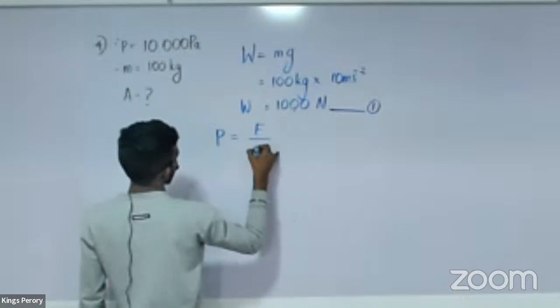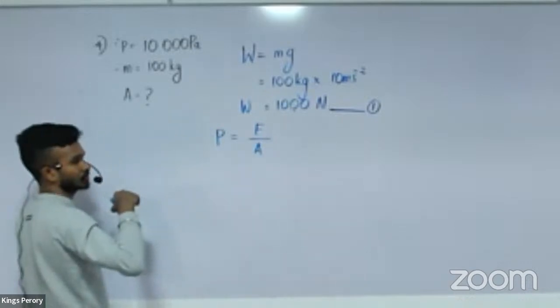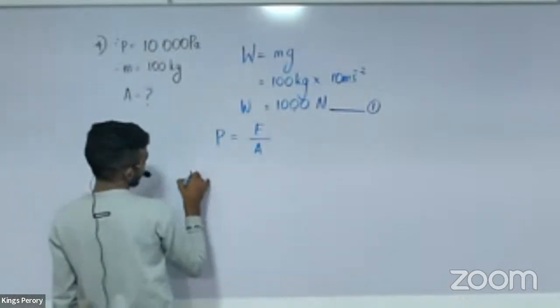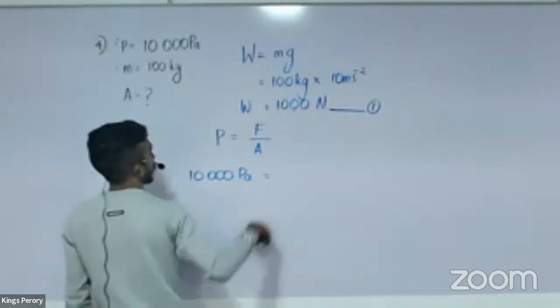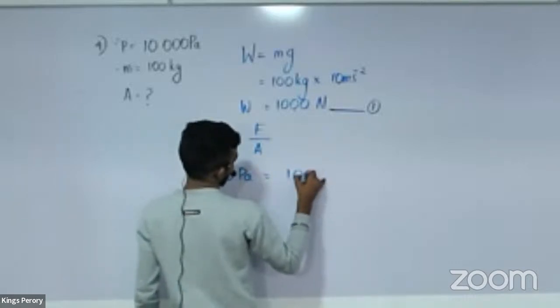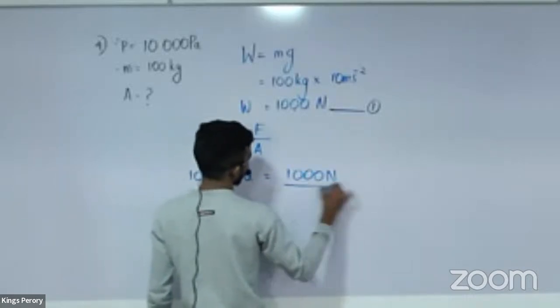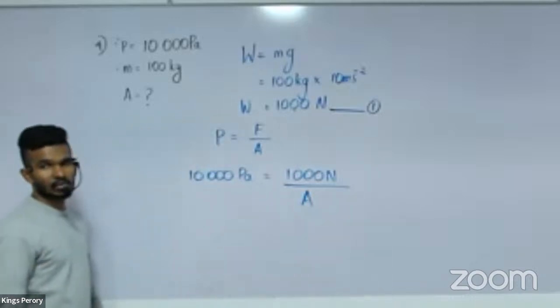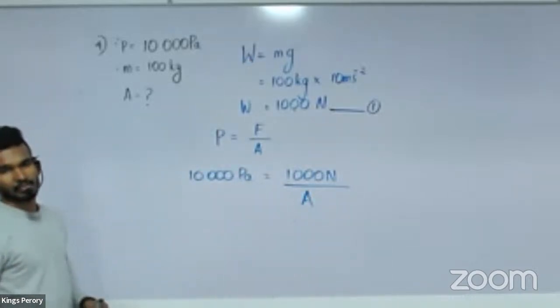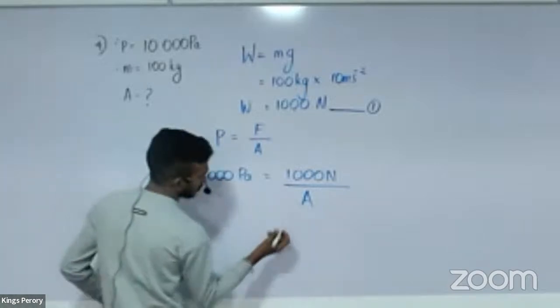Start with the basic equation. Pressure equals force divided by area. What's the pressure? 10,000 Pascal. What's the force? 1000 Newton. What do you need to find? Area. You don't know area, then what do you do? You make area the subject.